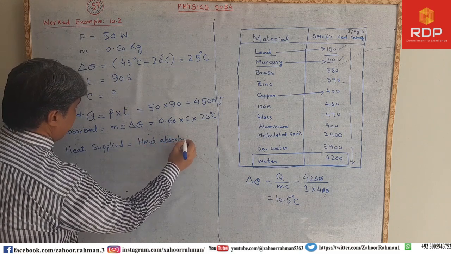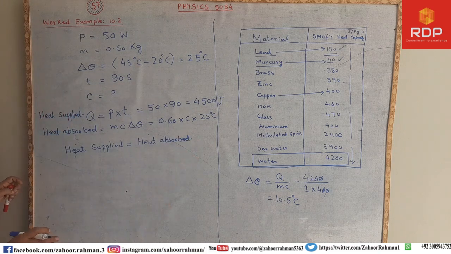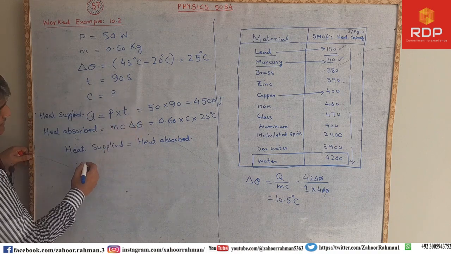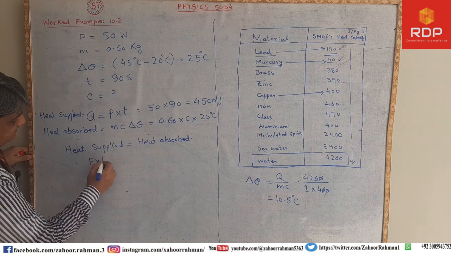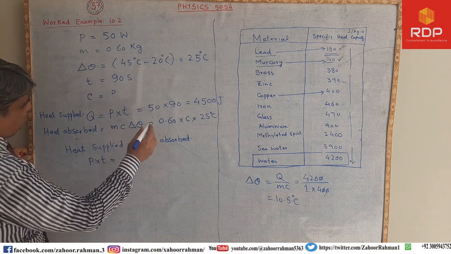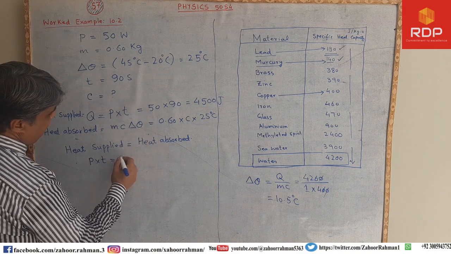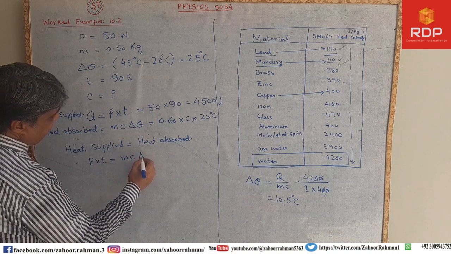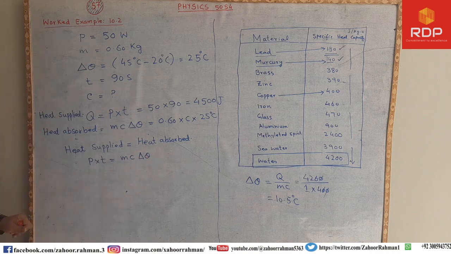It means that we are making the assumption that no heat will get out from the system and go to the environment. So we are putting the values, that is P cross t is equal to mc delta theta. Remember that this c is the specific heat capacity.